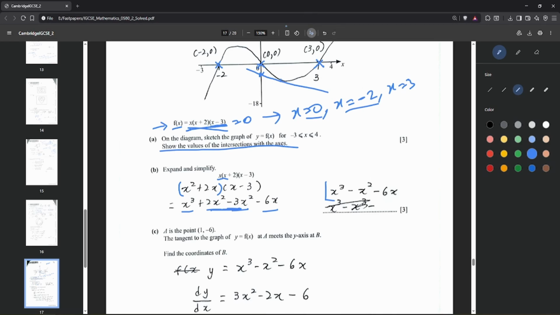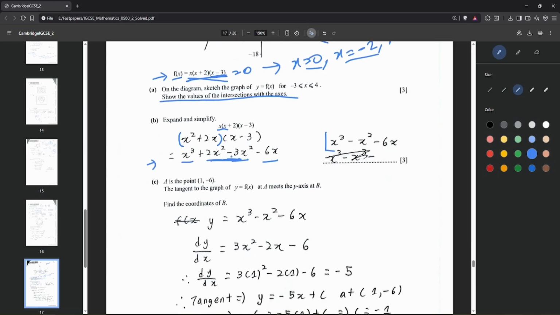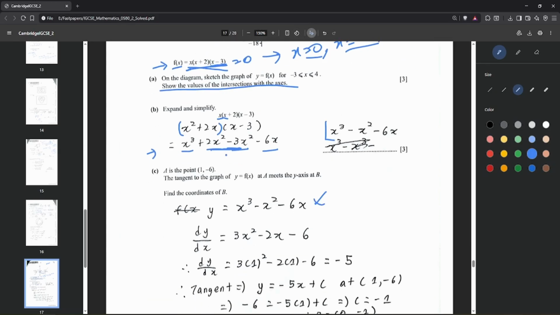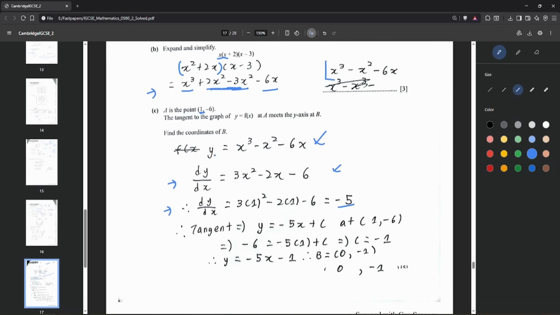Alright, now let's write the formula of y, which is this x cube minus x square minus 6x. Then we do dy by dx, it becomes 3x square minus 2x minus 6. Now we put the value of 1 into this to get the value of dy by dx. We get minus 5. Now the formula of a tangent is y equals mx plus c, right? So we found the value of m, which is equal to minus 5.